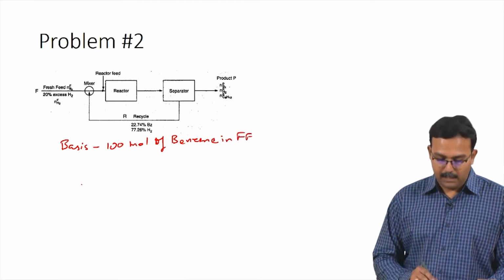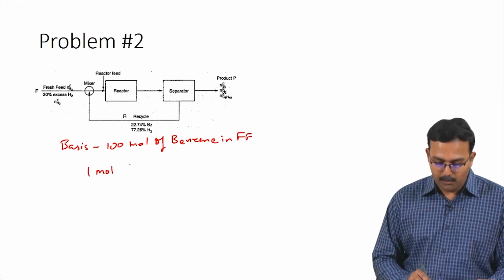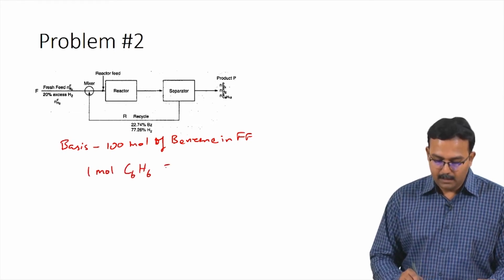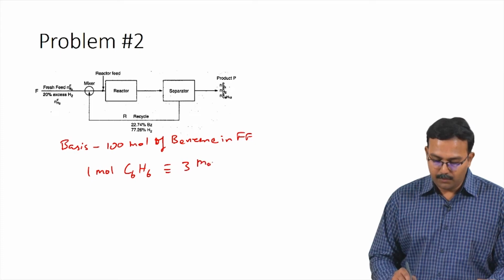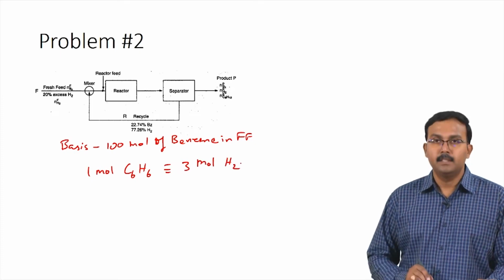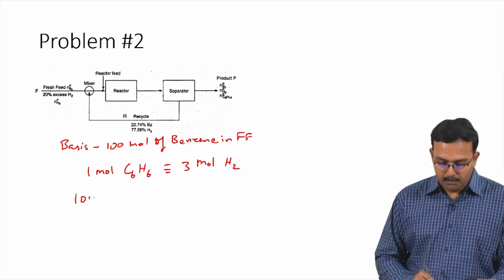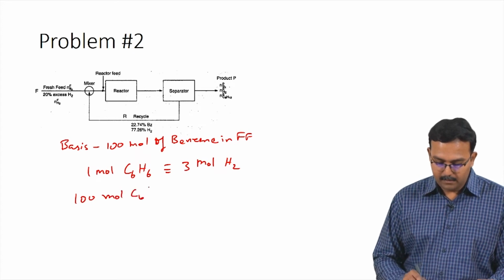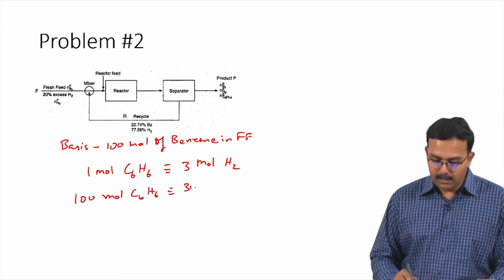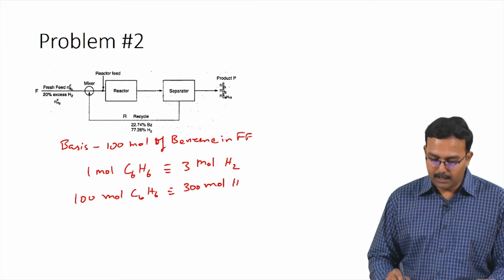Looking at the stoichiometry, we know that 1 mole of benzene requires 3 moles of hydrogen. So, 100 moles of benzene would require 300 moles of hydrogen.